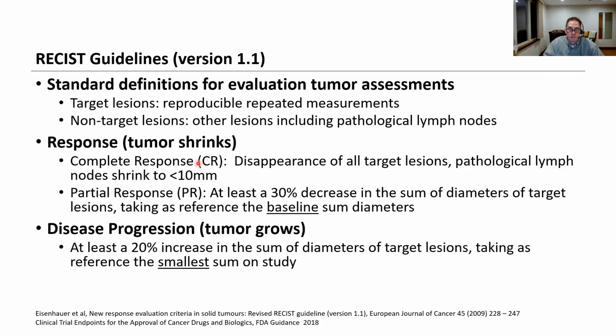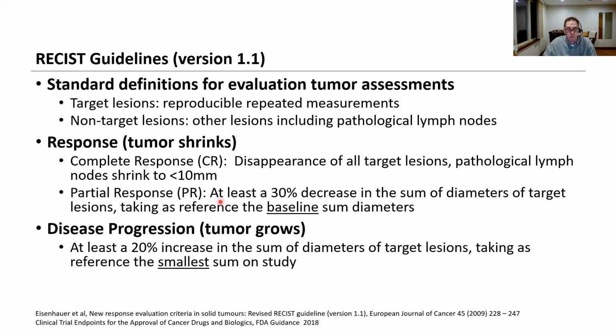One is a complete response, and this is where all of your target lesions disappear, and your pathologic lymph nodes shrink to something less than 10 millimeters. The partial response is at least a 30% decrease in the sum of diameters of the target lesions, taking as a reference the baseline sum of diameters. Right, so it's a 30% decrease in the aggregate sum of diameters of the target lesions.